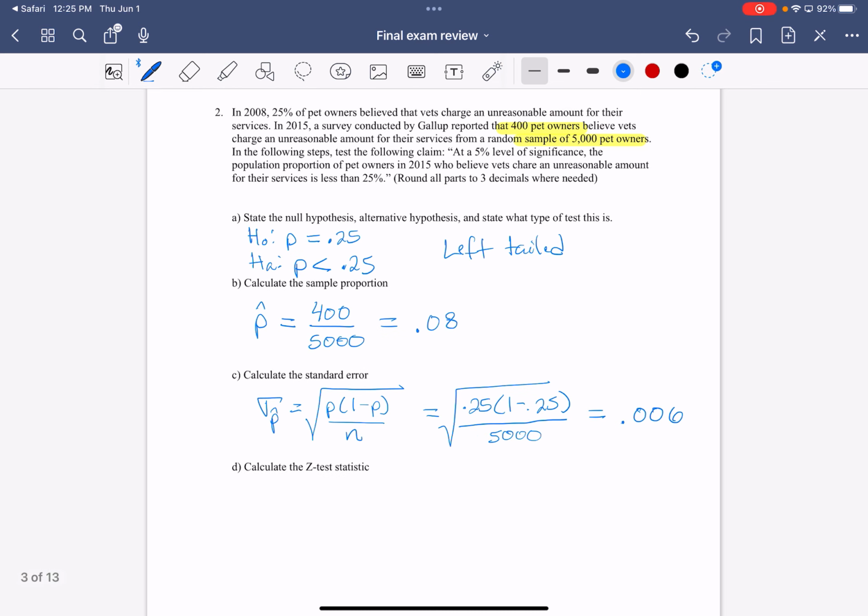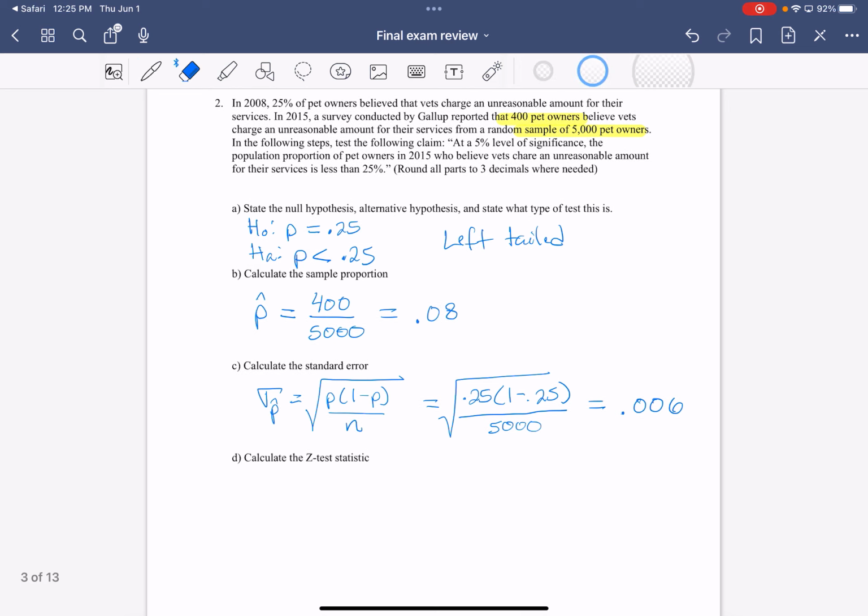Next, let's calculate the z-test statistic. And again, formula on your formula sheet. Z equals p hat minus p all over the standard error.